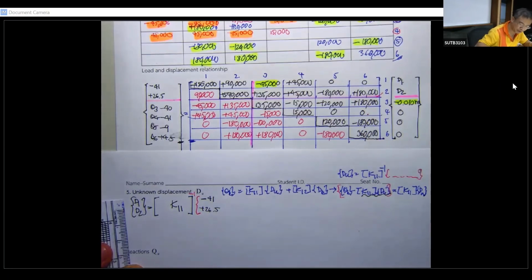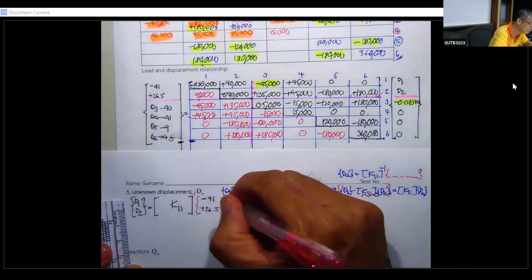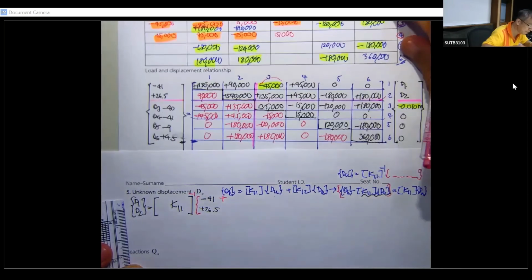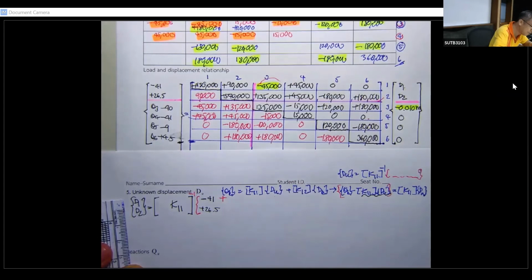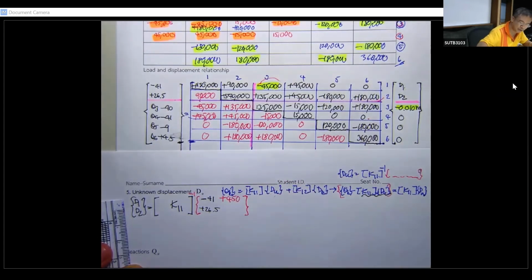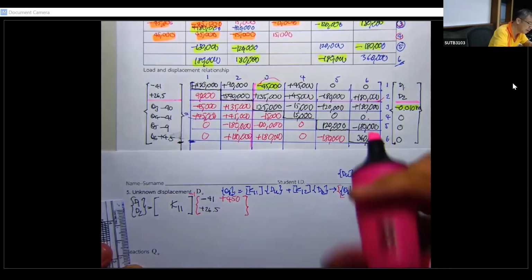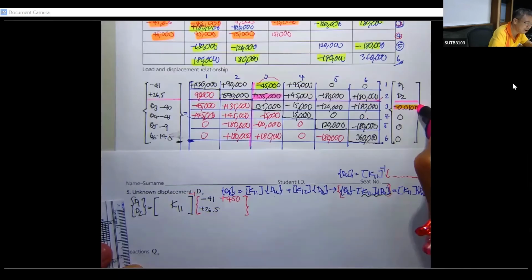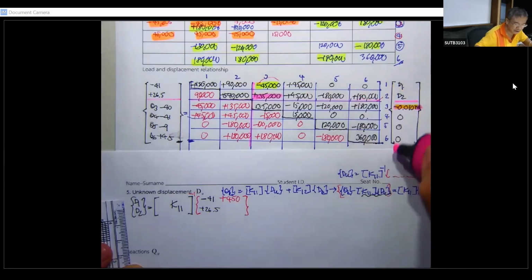You just put this one plus this one times this one plus 450, and then the next one you just times this one by this one again, and the other you just times 0.